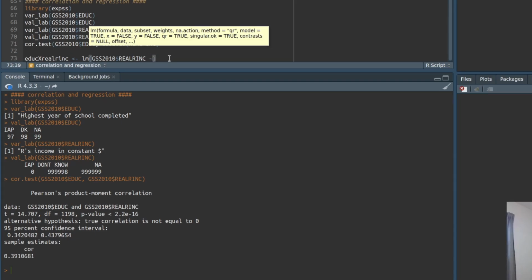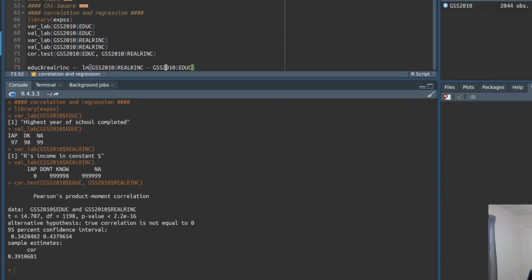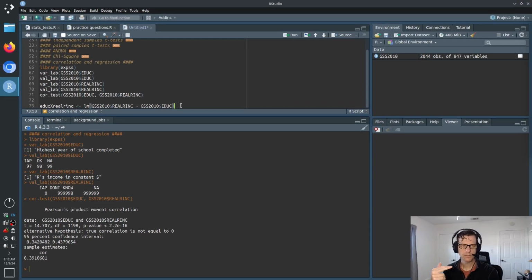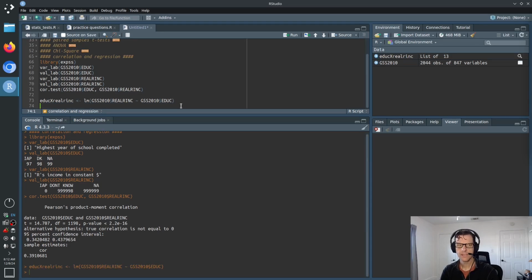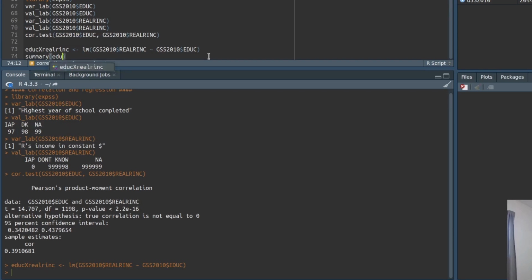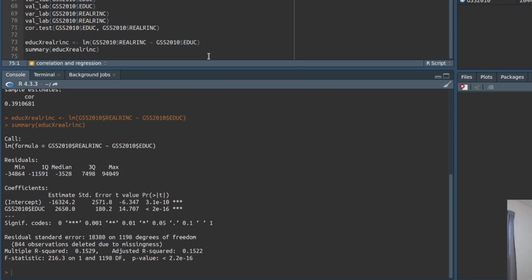Use the tilde, because it is dependent upon education. That is going to be our formula for a linear model, basic regression. It's not going to generate output down here. It's going to put the output up here as something that we can then interact with. So we're going to run this, and we can see it up there. And then if we want to see the output, we're going to just put that in here. So summarize it, and now we can see our output.